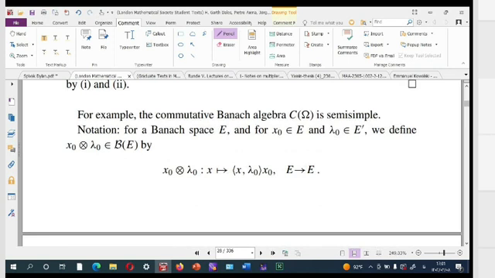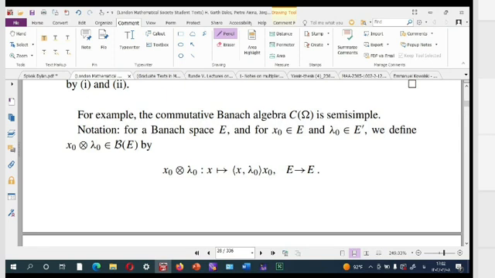Okay, notation: for a Banach space E and for x0 in E, and lambda 0 belonging to the dual of E, we define x0 tensor lambda 0 in B(E), the set of all bounded linear operators from E to E.